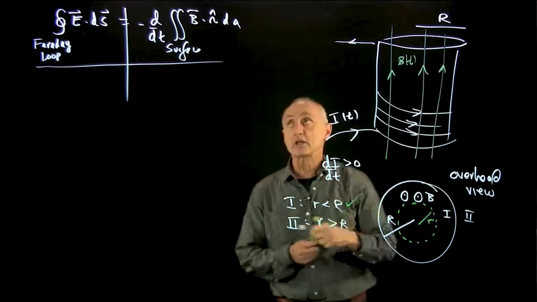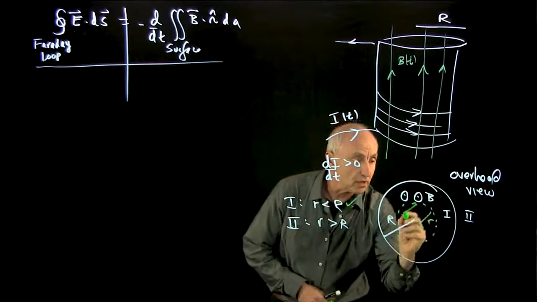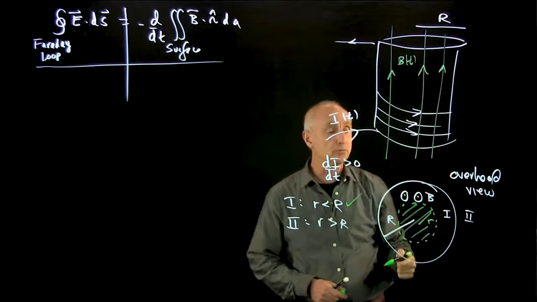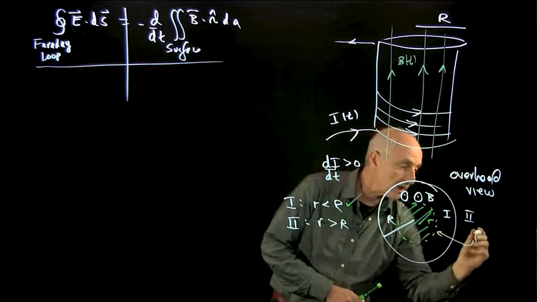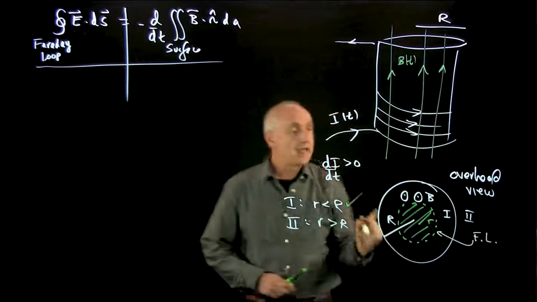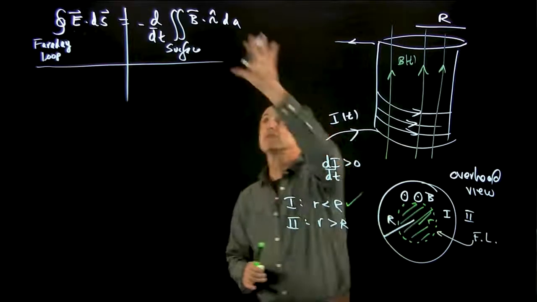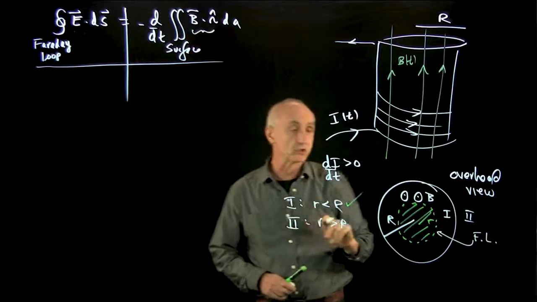Now, where we're going to consider our flux is through this surface that I'll mark like that, that has the path, the Faradayan loop, as our boundary. And we'll just illustrate that with an FL. And now the crucial thing is to calculate this magnetic flux. And recall that this is an open surface with a unit normal.